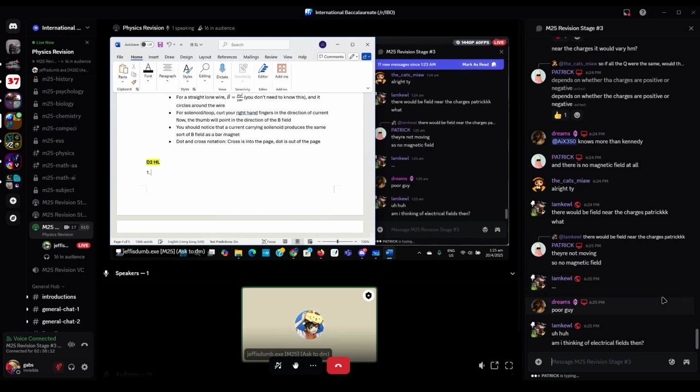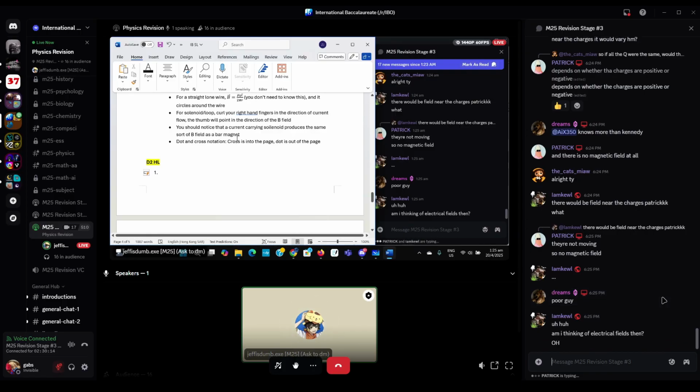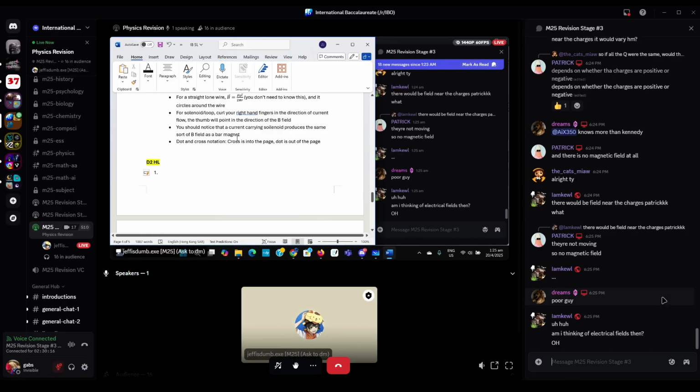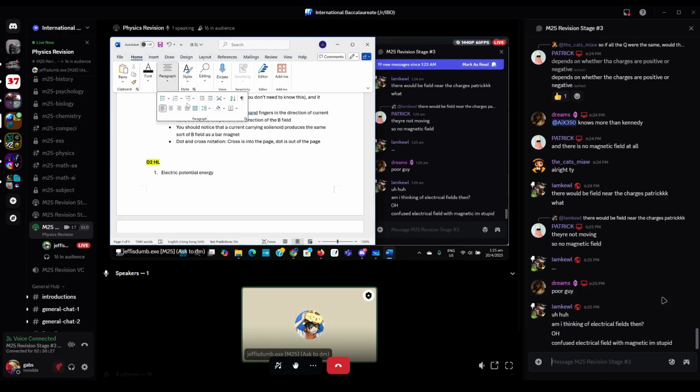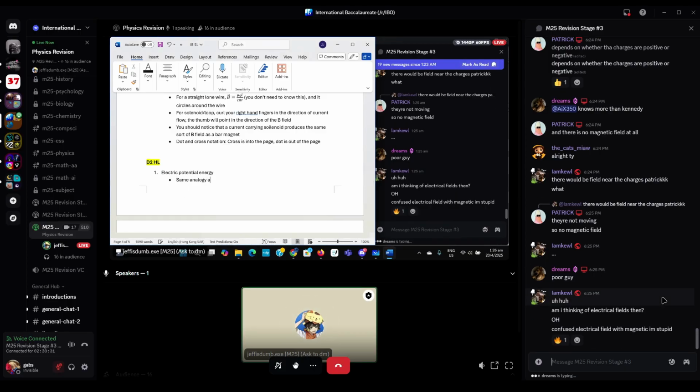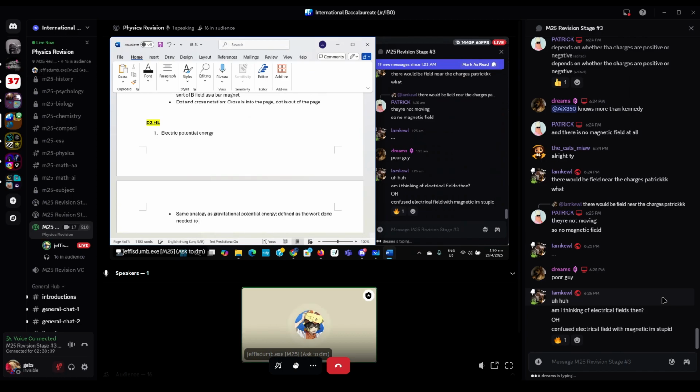So for D2 HL it's relatively simple. The first thing you want to know is the concept of electric potential energy. It's the same analogy as gravitational potential energy, defined as the work done needed to assemble the charge system.